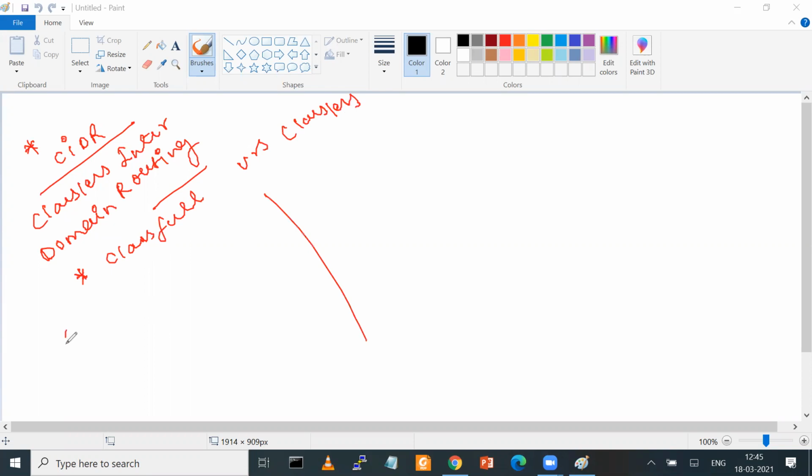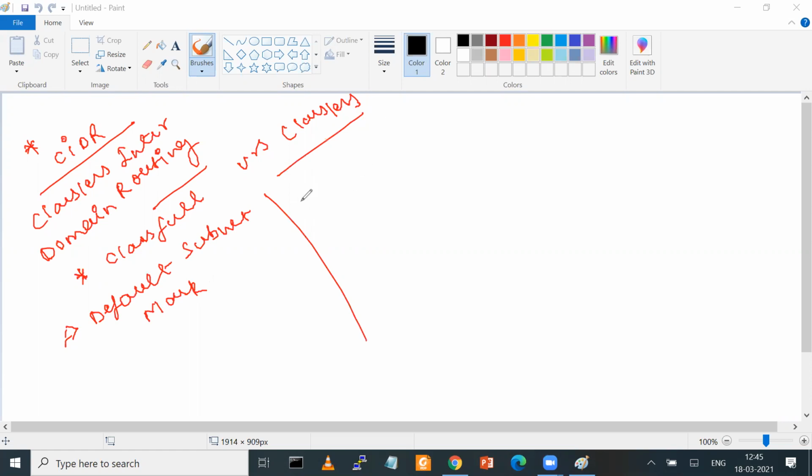In the case of classful, we always use the default subnet mask.